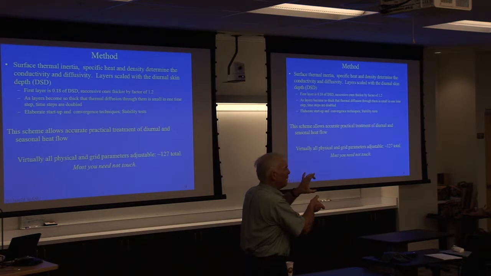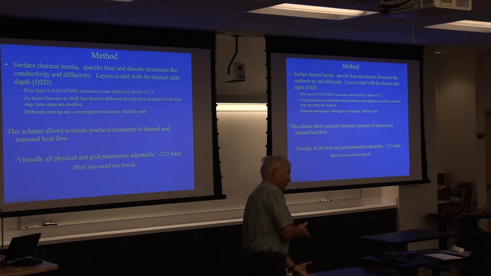Layer 1 is put in because it makes the equation set a lot easier. At each time step I give it a temperature such that when I treat it like a layer, it generates the right heat flow at the surface. All the way at the bottom, if you specify 20 layers, there is actually a 21st layer which you don't see. And its properties depend on how you set the lower boundary condition.